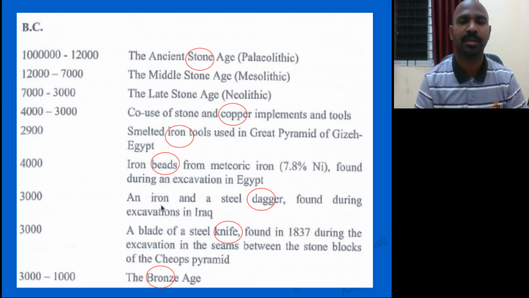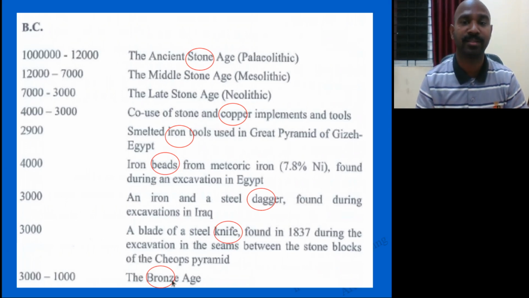Similarly, an iron and steel dagger was found during excavations in Iraq during World War II. It is decided that it was 3000 years BC. Similarly, a blade of a steel knife was found during excavations in the Cheops pyramid, decided by the archaeologists as 3000 years BC.